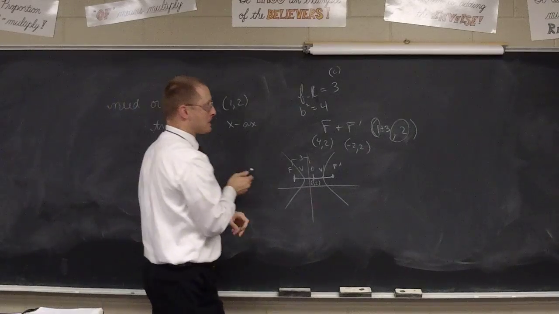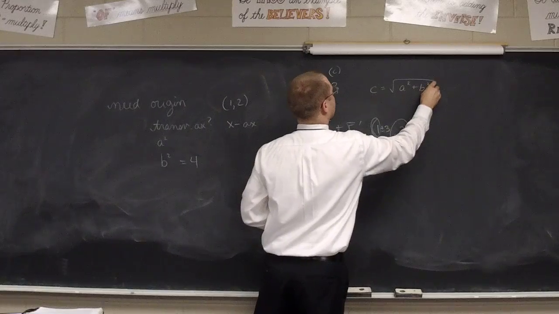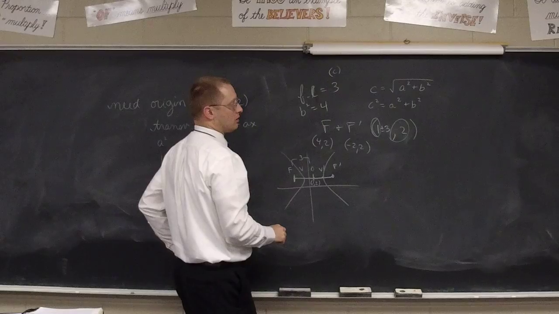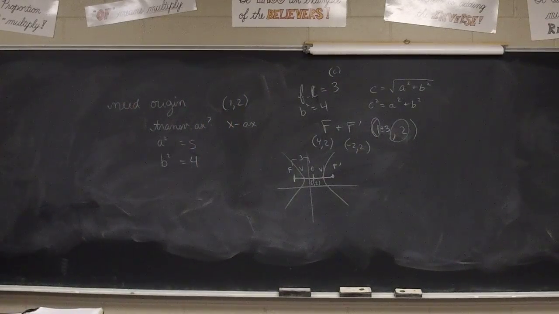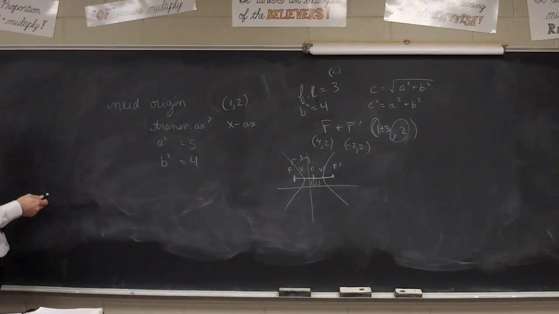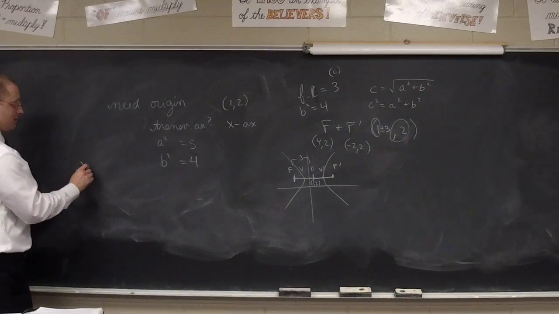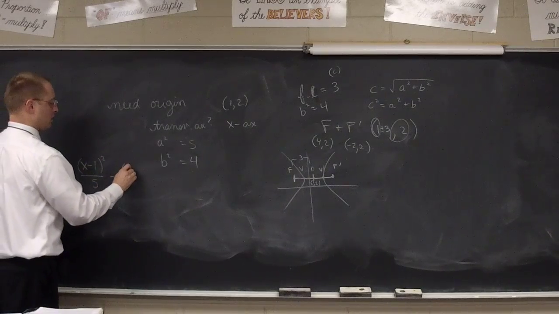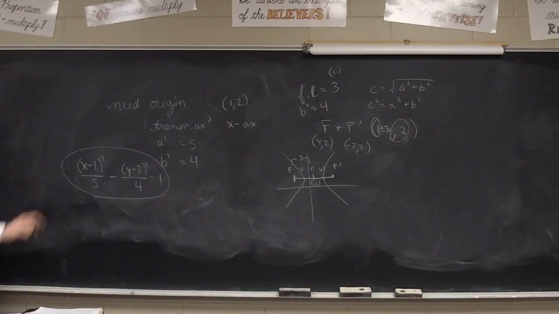So square the 3, and then subtract the b squared. So a squared is 5. There we go. Follow? So, what's the equation of this particular hyperbola? Either of you? X minus 1 squared over 5 minus y minus 2 squared over 4 equals 1. Perfect. And there we go.